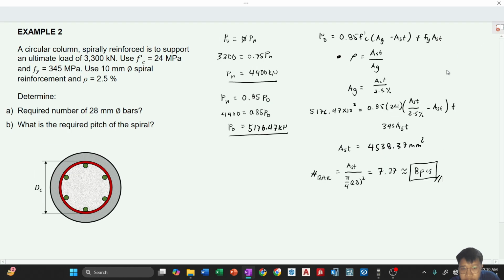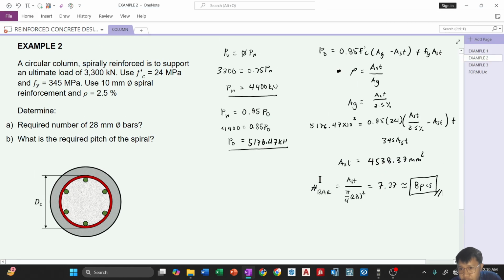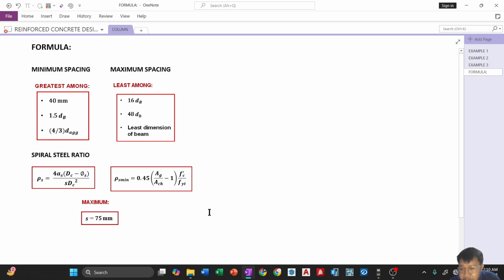Next, for the letter B, what is the required pitch of this spiral? Okay? So, para dito, kailangan muna natin isolve yung magiging minimum spiral steel ratio natin. So, we solve for the minimum spiral muna.